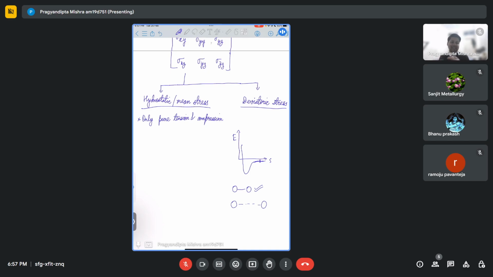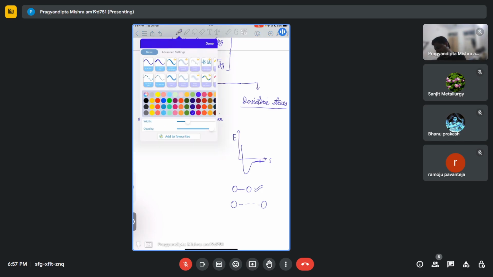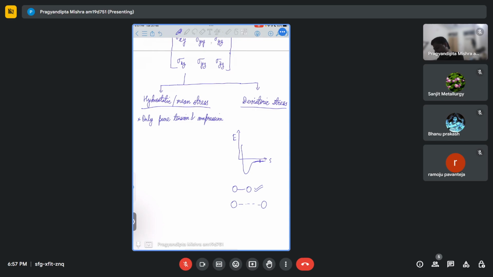But there is something else which also happens in any material system, something that we account for: the plastic region. How do we account for the plastic region? Let me just rub this part.